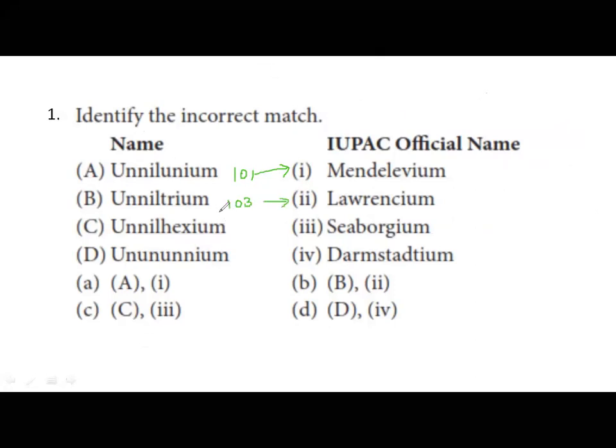Then unnilhexium. Unnilhexium is what? It is Seaborgium. Correct. And the last one is Darmstadtium. So A is 1, B is 2, C is 3, and D is 4.